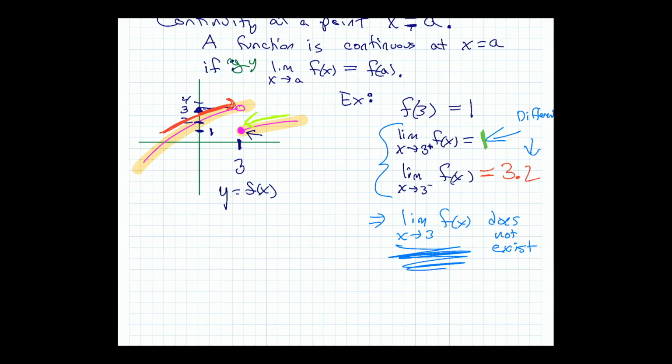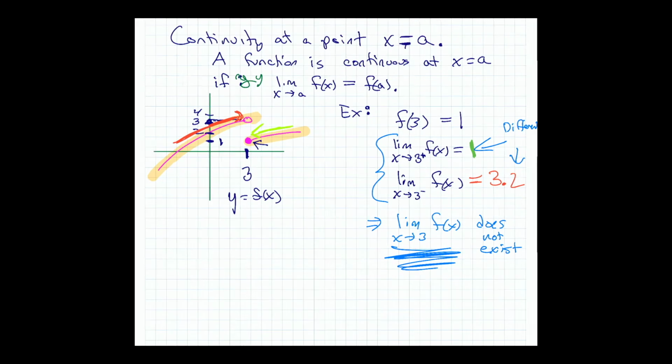Okay, so once you have all this stuff written down, then you can come back to your definition here, and your definition says a function is continuous if the limit equals the function value, right? That's what this says. Okay, well, does it?